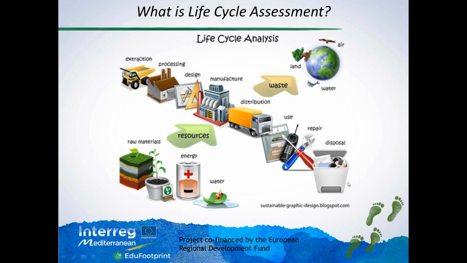Through all this chain, there are inputs, which are raw materials, energy and water, which are the resources. Okay. And there is waste to the environment, and waste means waste itself, but even emissions to air and emissions to water.